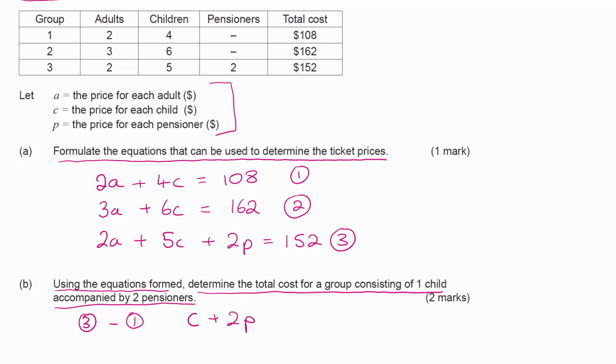So 3 take away 1 gives us C plus 2P, which is exactly what we want in the question, and that is going to end up being 152 take away 108, which gives us 44. So it would be $44.